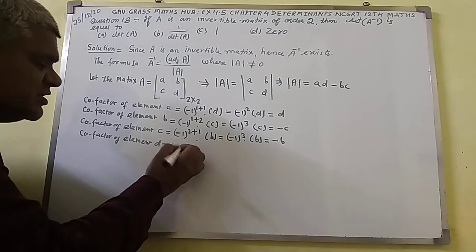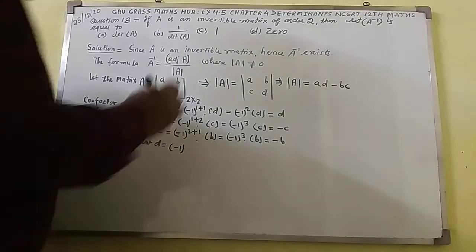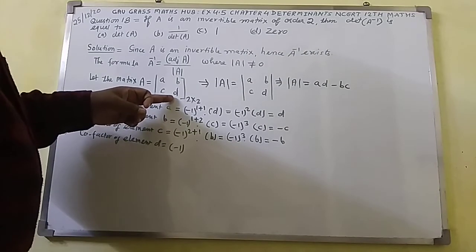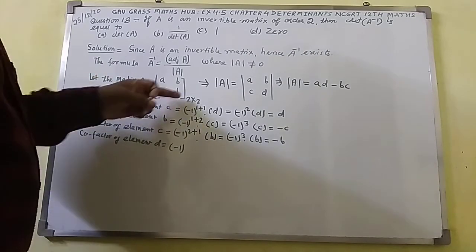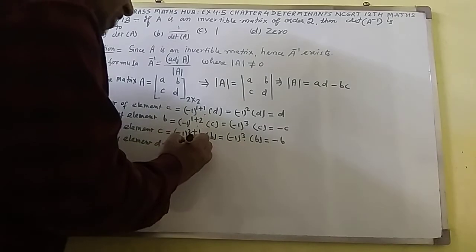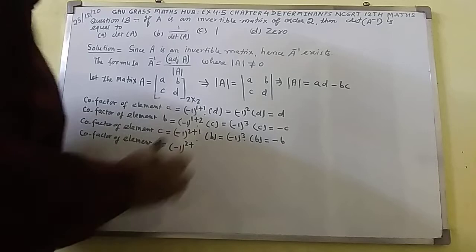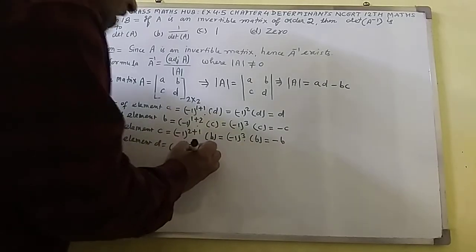-1 here fixed, that is constant, and here you can see D is there in second row. For second row here I shall write 2 plus, and D is there in second column. For second column I shall write here 2. Dot.